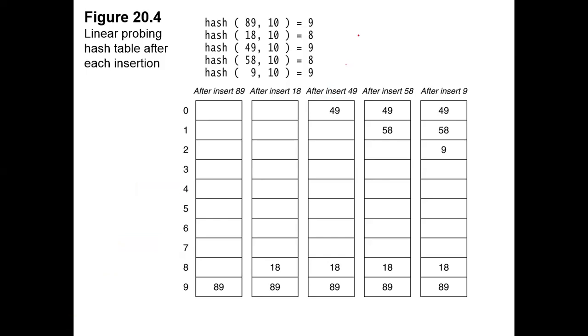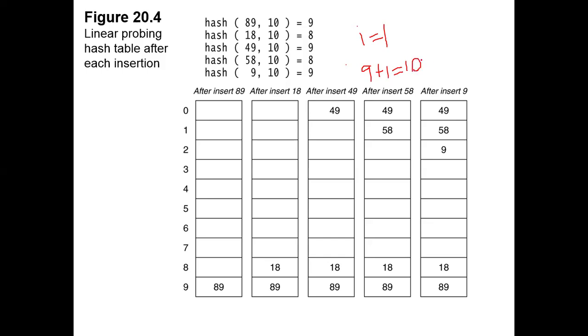The probing function has a probing counter iterator value, initially i equal to 1. 49 modulus 10 gives 9, and 9 plus 1 equals 10.